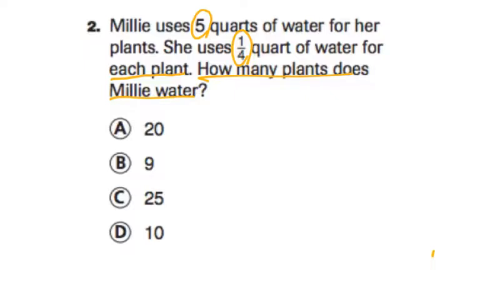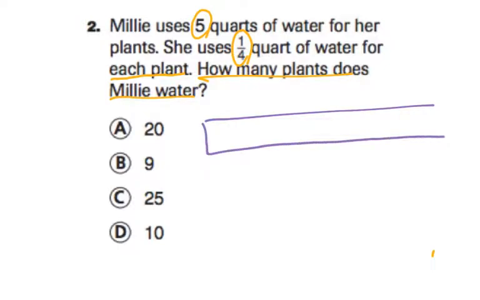Okay, so I know she has a total amount of 5 wholes. My picture is not perfect here. For each of the 5 wholes, I want to break it into 4 sections.